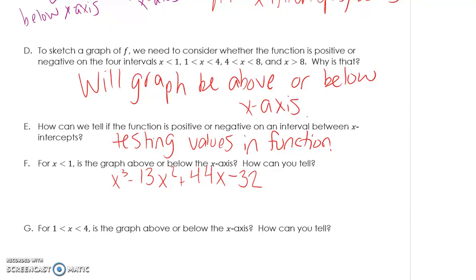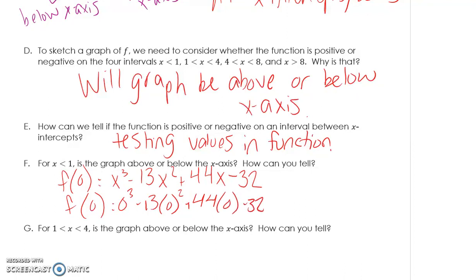And I'm going to choose any x value less than 1. So let's choose 0. It's an easy one. The reason why that's pretty easy is because now we've got 0 replacing all of these. That means f of 0 is negative 32, meaning it is going to fall below, or be negative there, because it's a negative number.